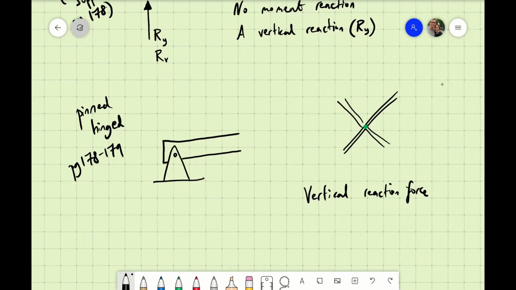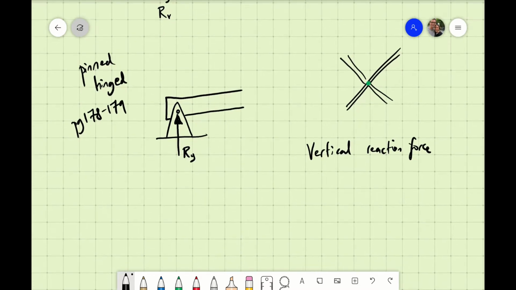And so what I do is I do have to draw again that reaction force. And this is the force that can potentially fight me if I try to do something. We also have a horizontal reaction force that will react against horizontal motion. If I try to pull this thing left and right, it just won't do it.